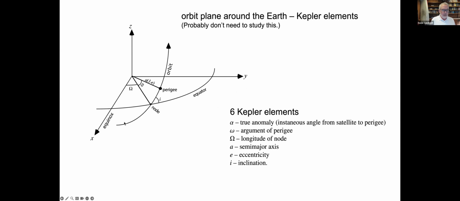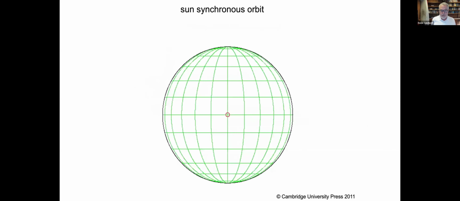Here's the center of the Earth, here's the orbit, and there's other angles here, the argument of perigee, this angle between when it crossed the equator and when it was closest to the Earth, perigee, and then there's the longitude of the node, another angle. And these six numbers or elements make up the Kepler elements, and they're used to describe where the satellite is at any particular time. But having said that, we don't really use these. We're going to use a different way of prescribing the orbits. I'll get to that in a minute.